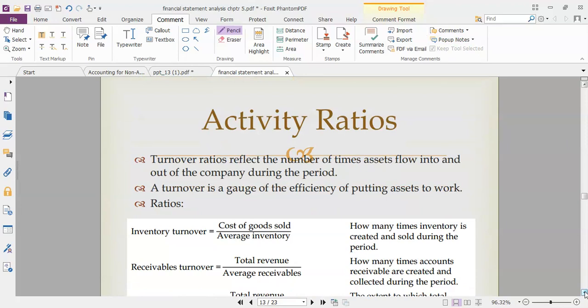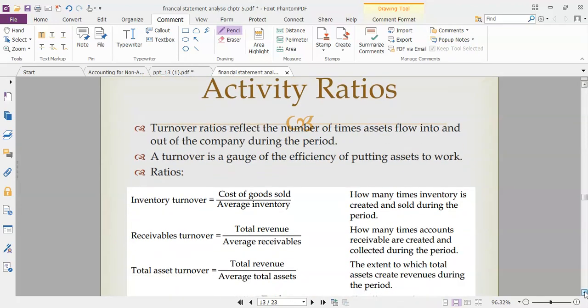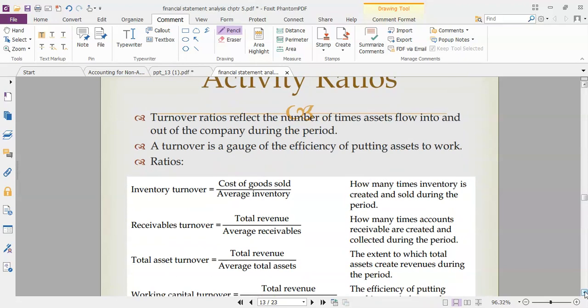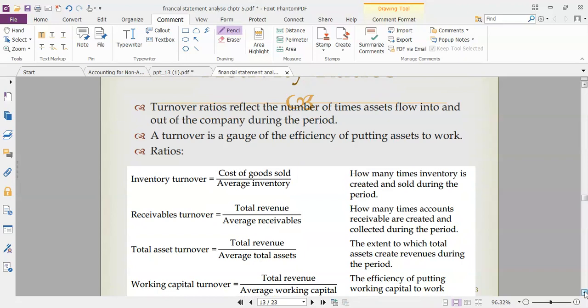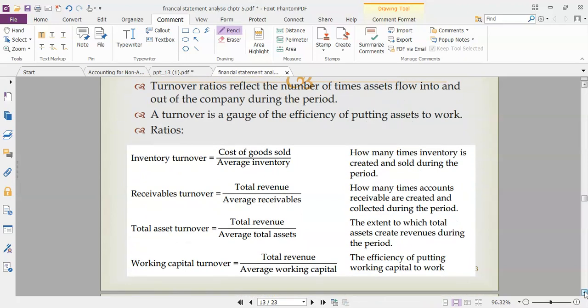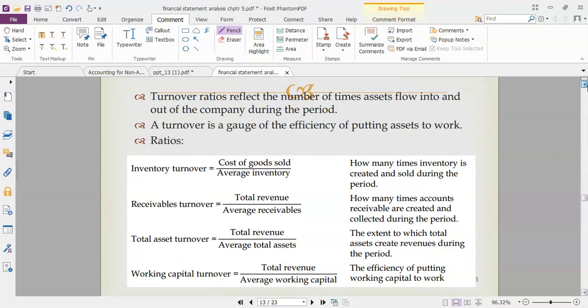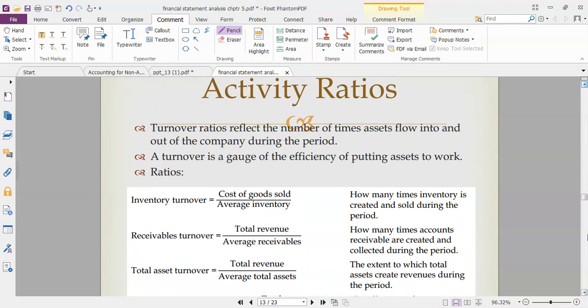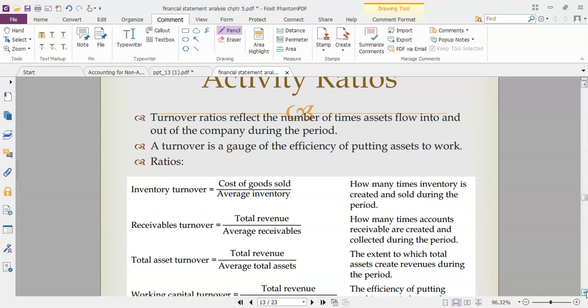So activity ratio. Turnover ratio reflects the number of times assets flow into and out of the company during the period. The turnover is the gauge of the efficiency of putting assets to work. So how many ratios can we calculate under the activity ratio?